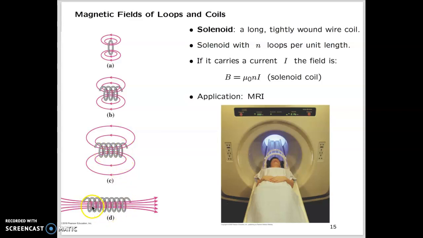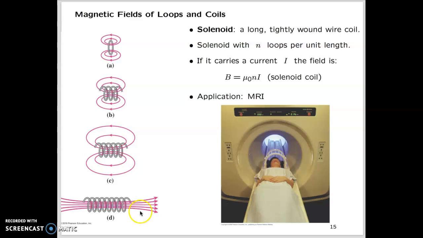And if you make the coil even longer, you get a stronger and even more uniform magnetic field inside the coil. And outside the coil, the longer this coil becomes, the weaker the magnetic field tends to be in the space outside the coil.